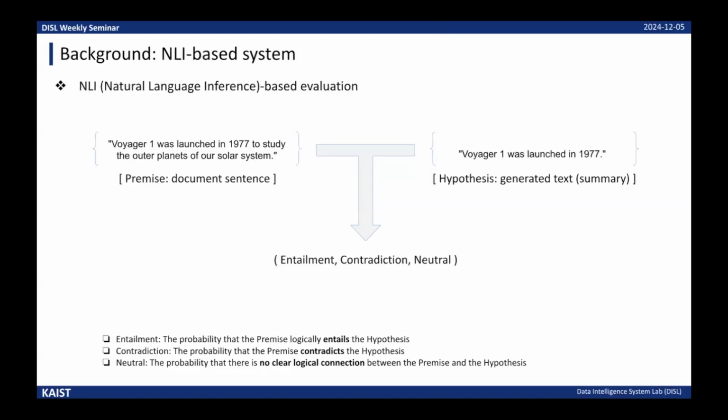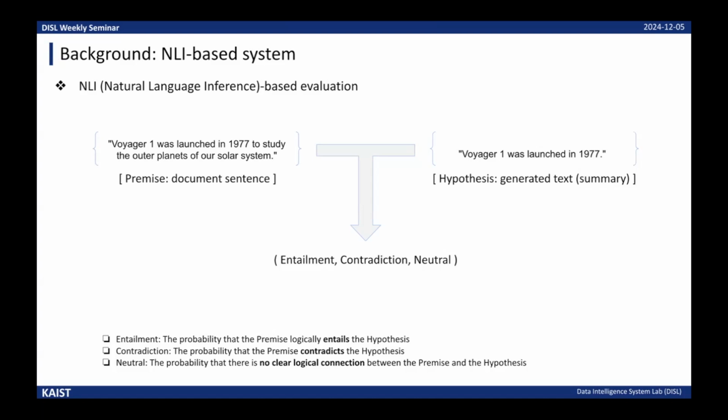Before diving into the paper, I would like to briefly introduce NLI-based evaluation. NLI-based evaluation follows this process. We set the original text as the premise and the generated text or a summary as the hypothesis. Then we evaluate the relationship between these two sentences by selecting one of three labels: entailment, contradiction, or neutral.